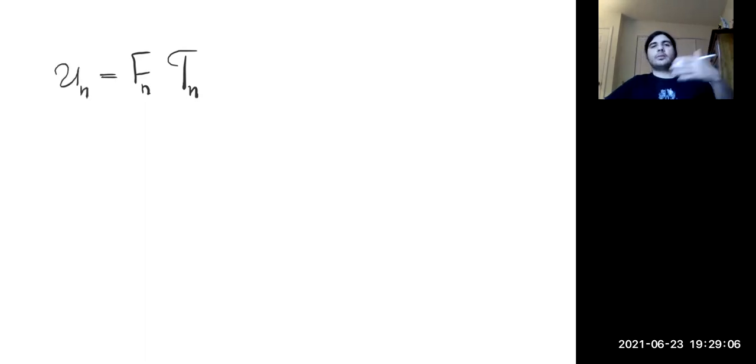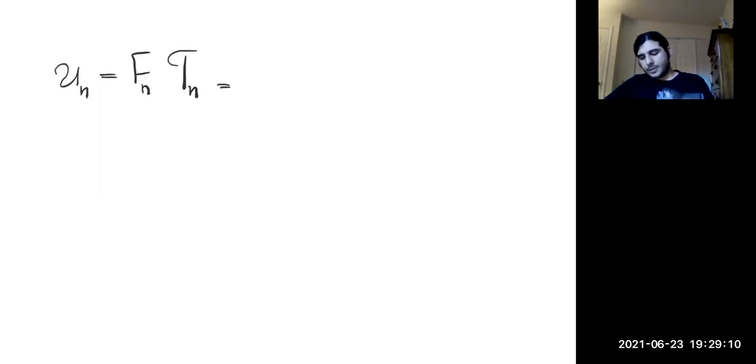Okay, so f times t would be a solution for the equation for u, but because f depends on n and t depends on n, for each n we have one solution, we denote that solution with un. So for any n, we get one solution for the wave equation.